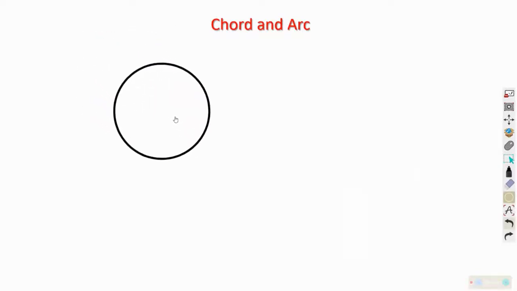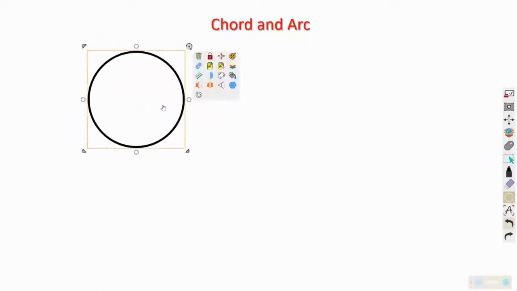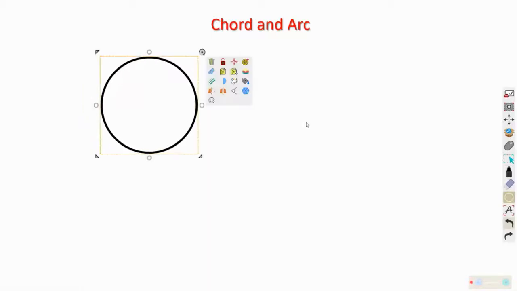Here is a circle, and we know that every circle will be having its own center. The center of the circle is one of the things you know very clearly.